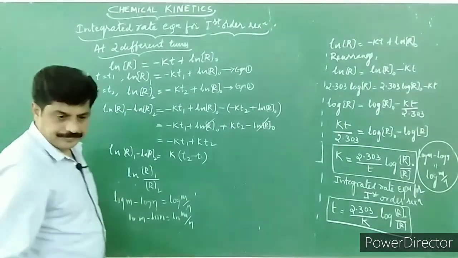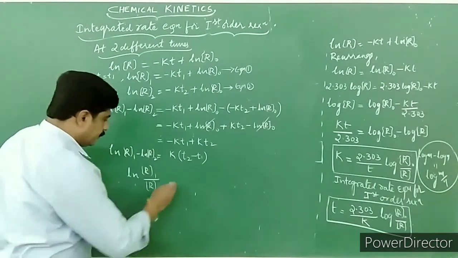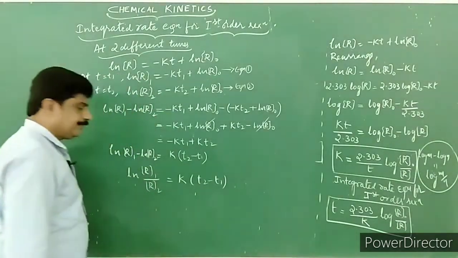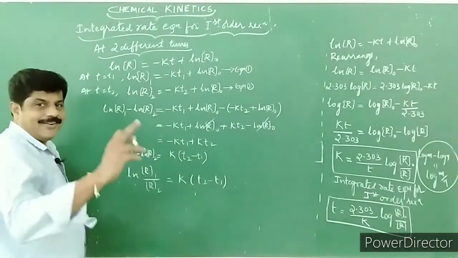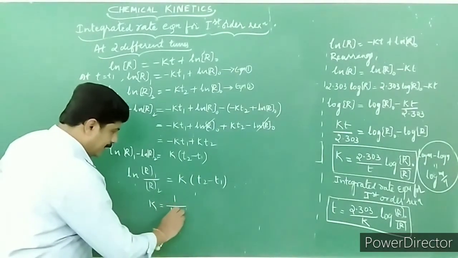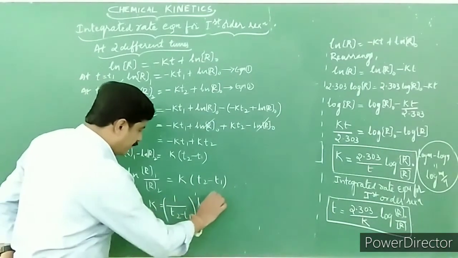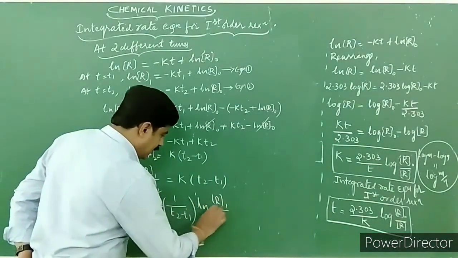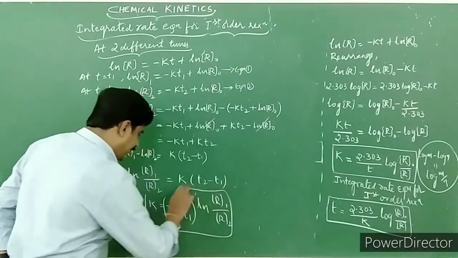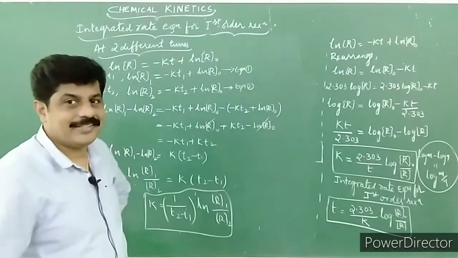Same rule I applied here. That is equal to k into t2 minus t1. Children, hope you are getting that. Or k is equal to 1 by t2 minus t1 into ln of R1 upon R2. This is also one of the important expressions for solving some of the numericals at the end of this unit.